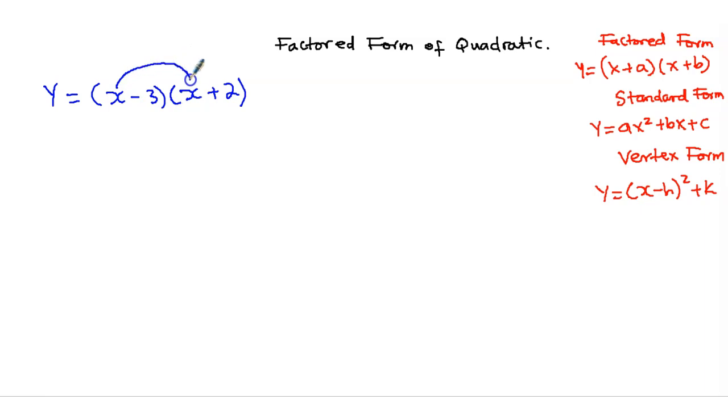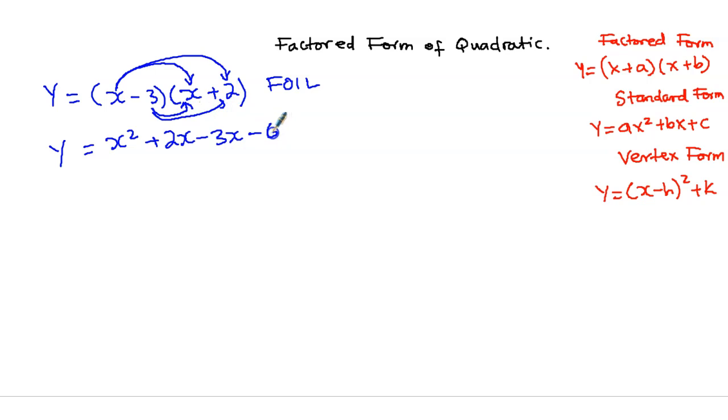Yes. We have already done that. You take this one and multiply it against this, applying FOIL. The first gives us x squared, the outer gives us plus 2x, the inner gives us negative 3x, and the last gives us negative 6.